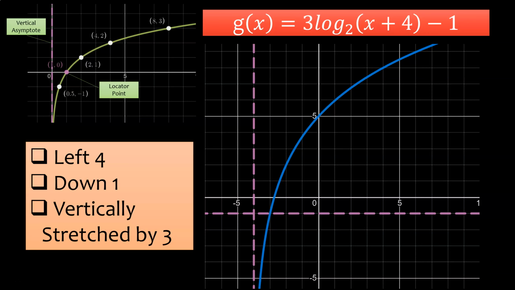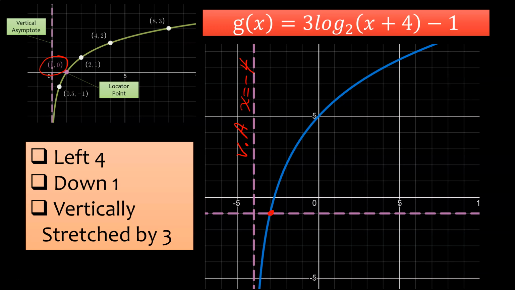So here is the function, and I'm going to show you how we get this graph, right? So locator point 1, 0, since we are not stretching or compressing this horizontally, the 1, 0 is going to stay. And since we moved over 4, your vertical asymptote now is the line x equals negative 4, right?